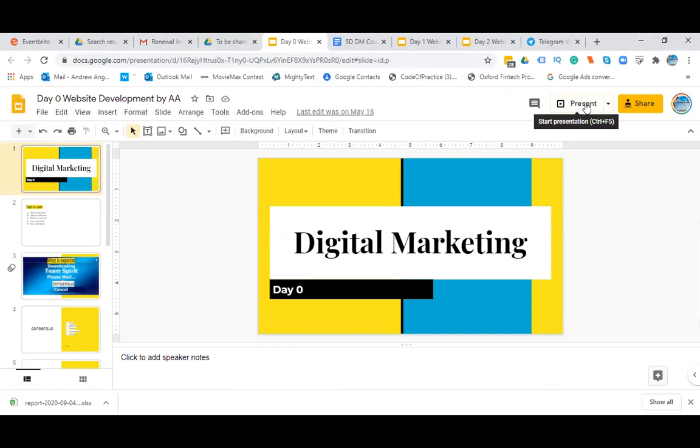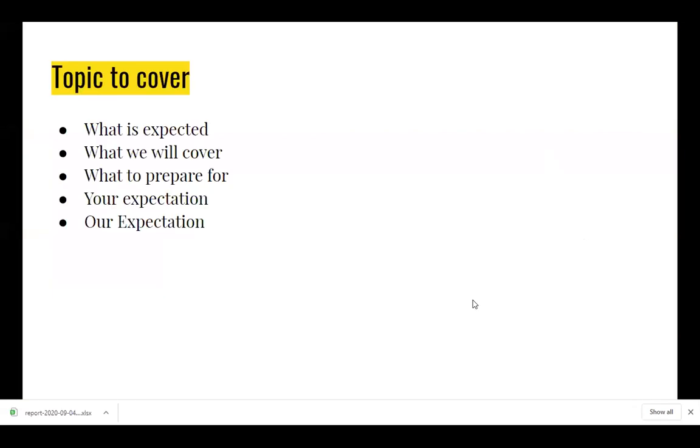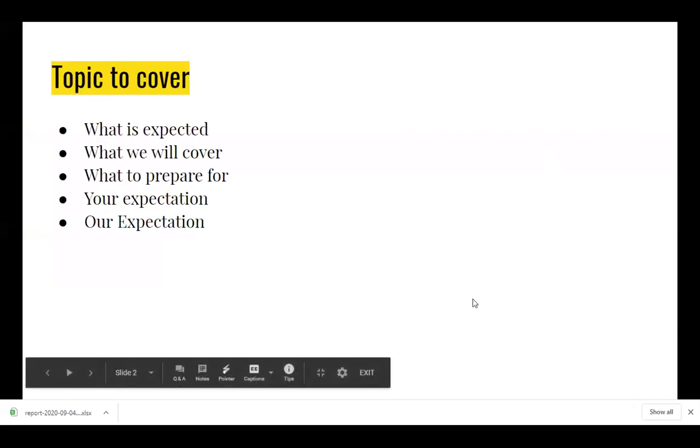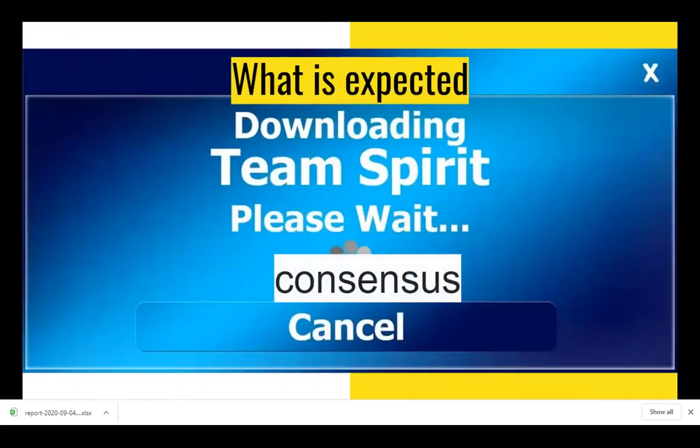This is not a training slide, but there are certain things we can communicate before we start the training: the expectations, what we cover, what to prepare, your expectations and our expectations. I think it's important that we move as a team for the next 5 days.